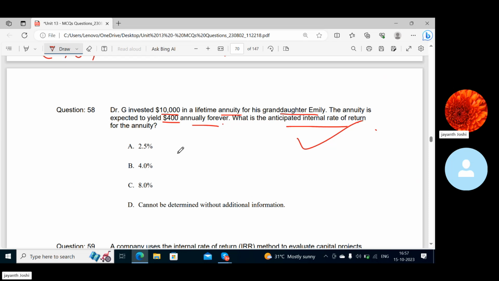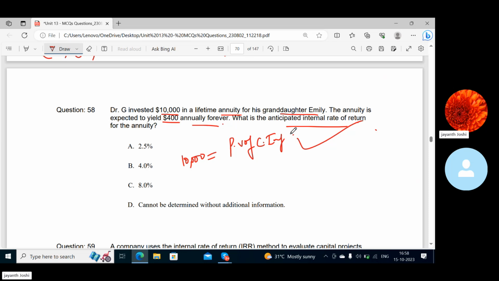So what is the formula for IRR? Present value of cash outflow is 10,000, right? It is equal to present value of cash inflow.